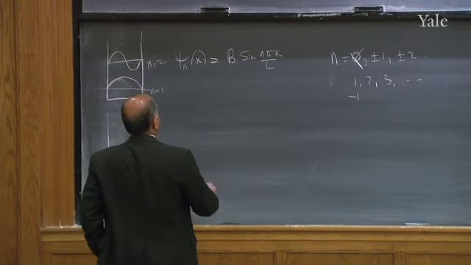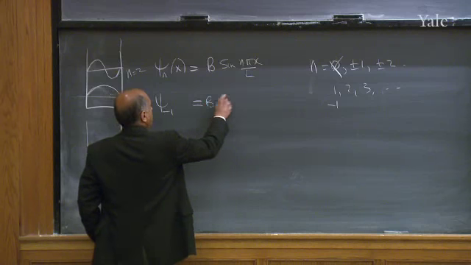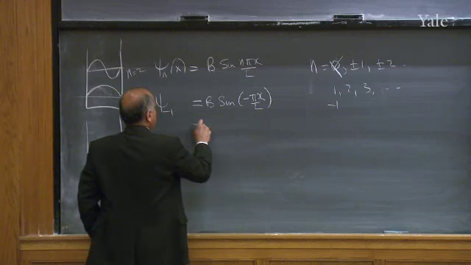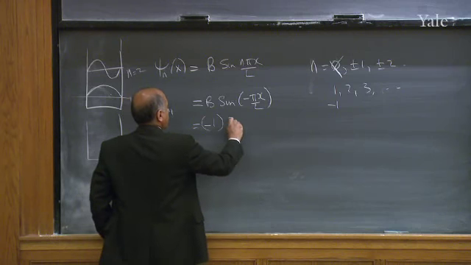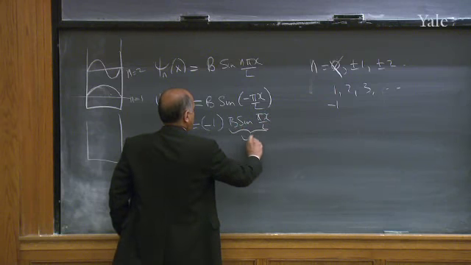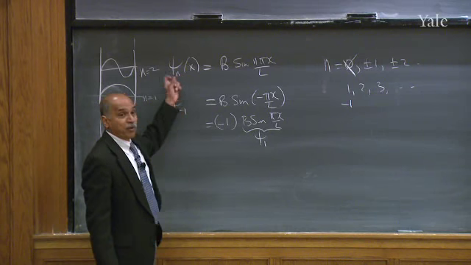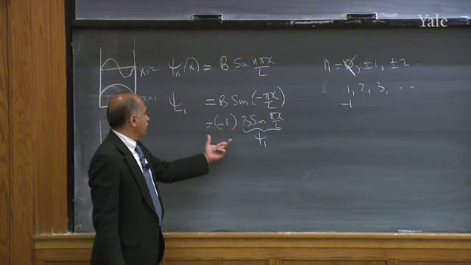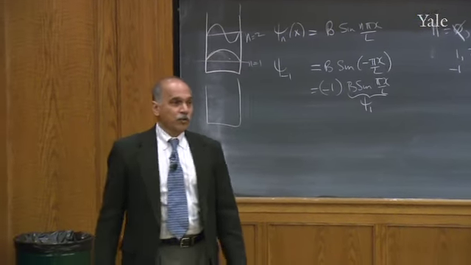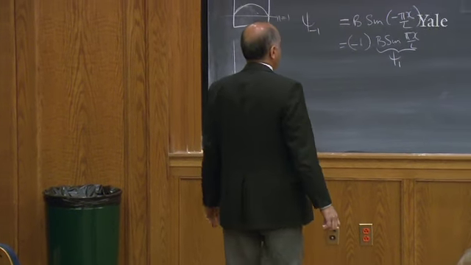If you put n equal to minus 1, the function psi of minus 1 is b sine minus pi x over L, but that is equal to minus 1 times b sine pi x over L. This guy is just psi 1. So it is just a multiple of the psi 1 function, because minus 1 times the state is the same state. You don't get a new function, you just get a multiple of the old function. And in quantum mechanics, they're all the same.